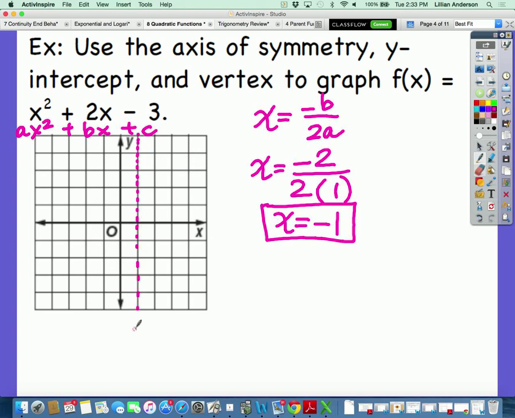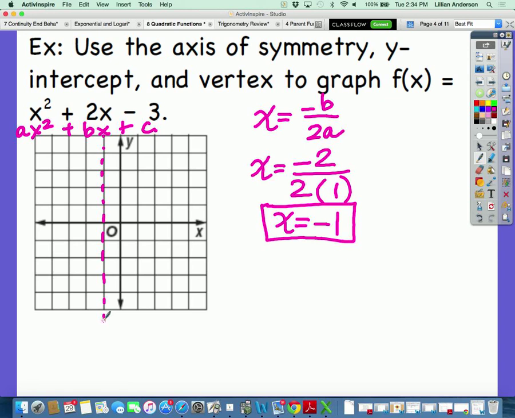Now the y-intercept. You get the y-intercept by plugging in 0 for x. Question. You have a line that's positive 1. Why is it not? Thank you. I'll fix that. So I'm going to plug in 0 for what again?